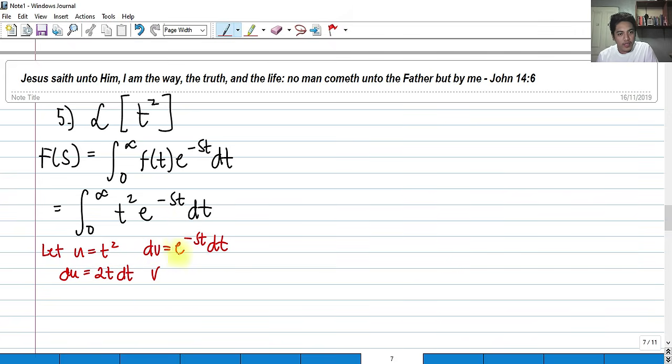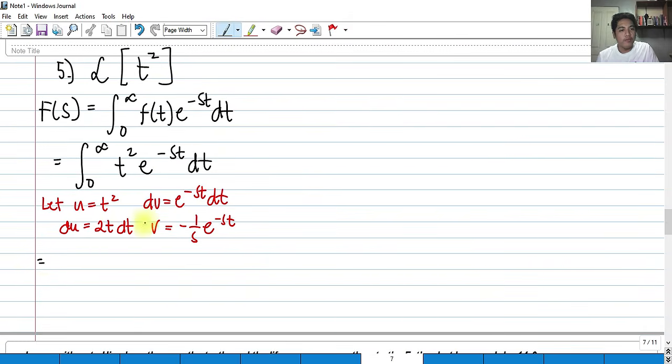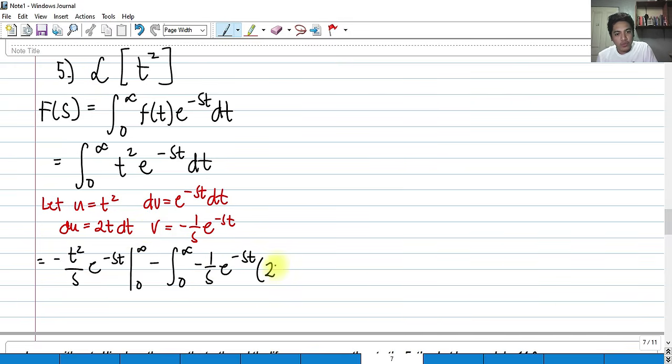If we integrate this, we have seen a while ago that v is negative 1 over s e raised to negative st. So performing again the formula uv minus the integral of v du, we have u times v, that is negative t squared over s e raised to negative st evaluated from 0 to infinity, minus the integral from 0 to infinity of v du, so we have negative 1 over s e raised to negative st. Our du is 2t dt.